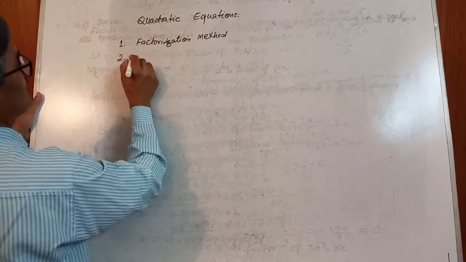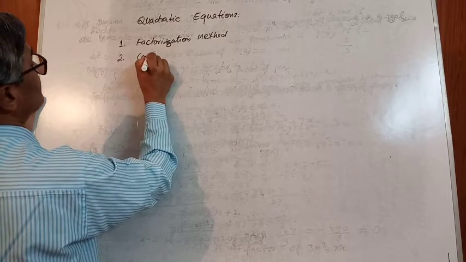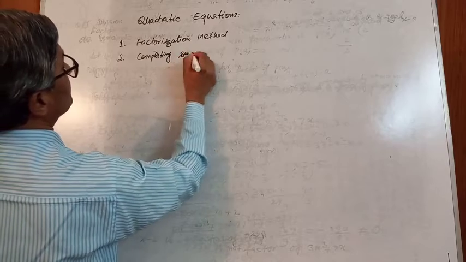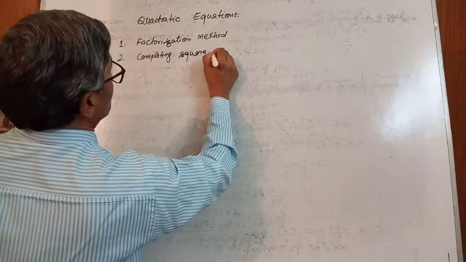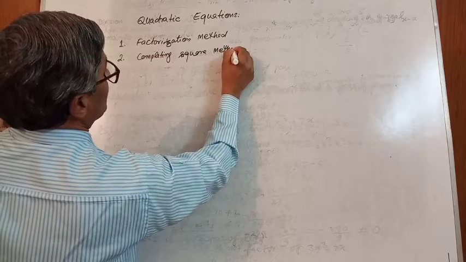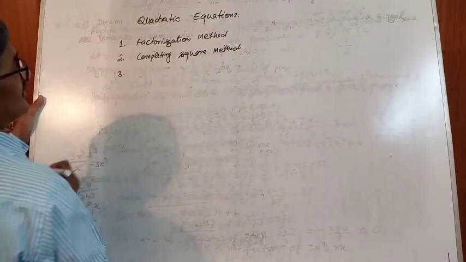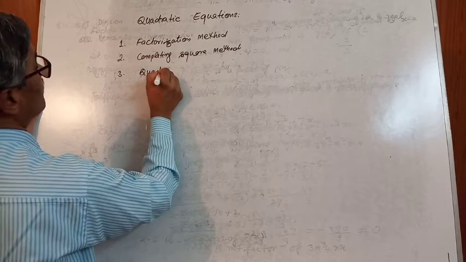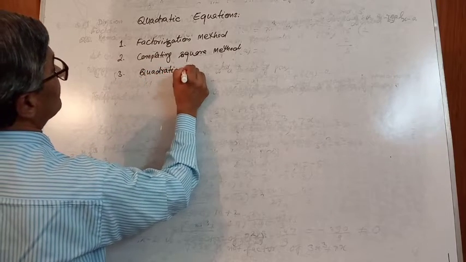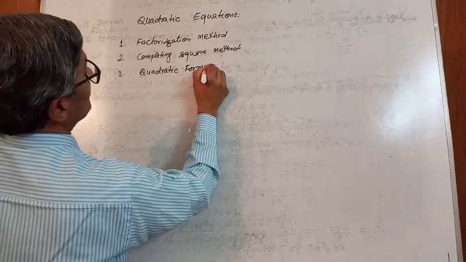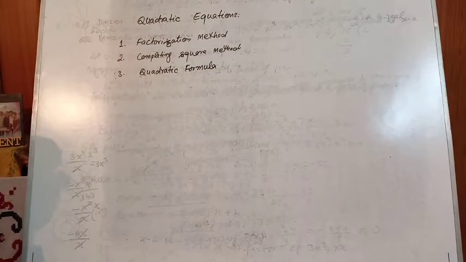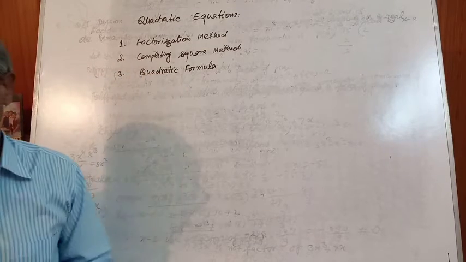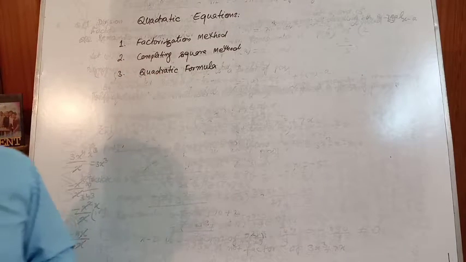Second method, completing square method. And third, with the help of the quadratic formula. Using the quadratic formula is part of this completing square method.